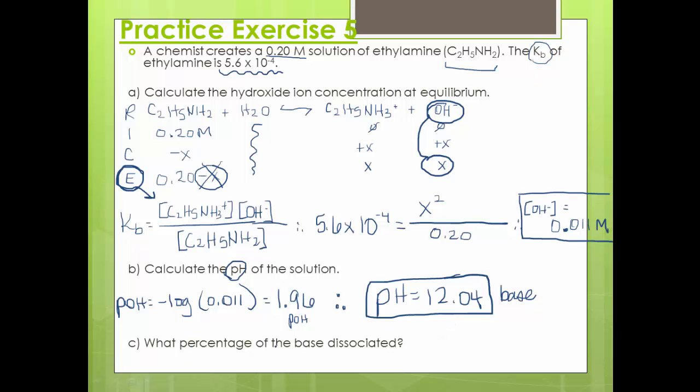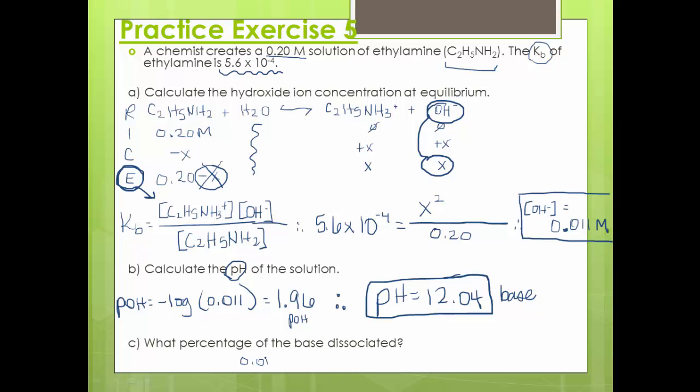All right, finally, what percentage of the base dissociated? So again, this is the amount that dissociated, which was 0.011 molar, divided by the amount that we started with, which was 0.2 molar. So the part dissociated over the original whole amount times 100, part over whole times 100.